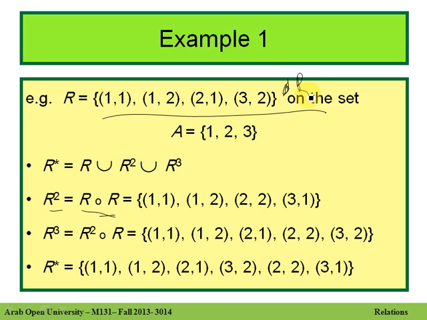Then if there is 1 comma 2 and 2 comma 1, again 1 comma 1, which is already present. Okay, and then if there is 2 comma 1 and 1 comma 2, then you have 2 comma 2. Then if there is 3 comma 2 and then 2 comma 1, so what you have? 3 comma 1. This is your R square.